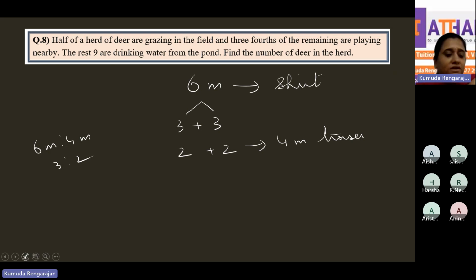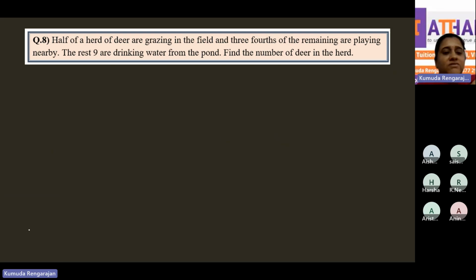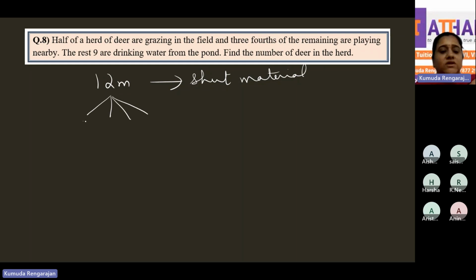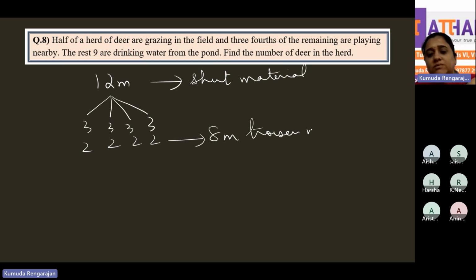Supposing he buys 12 meters of shirt material. How many 3s are there in 12? 3, 3, 3, 3. For every 3, he'll buy 2, 2, 2, 2. So totally he has to buy 8 meters of trouser material.